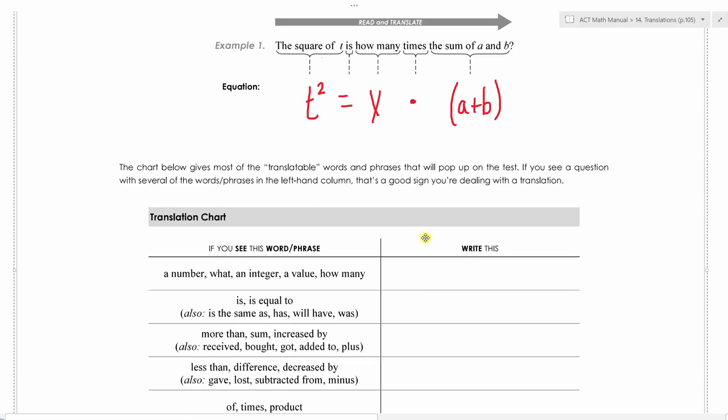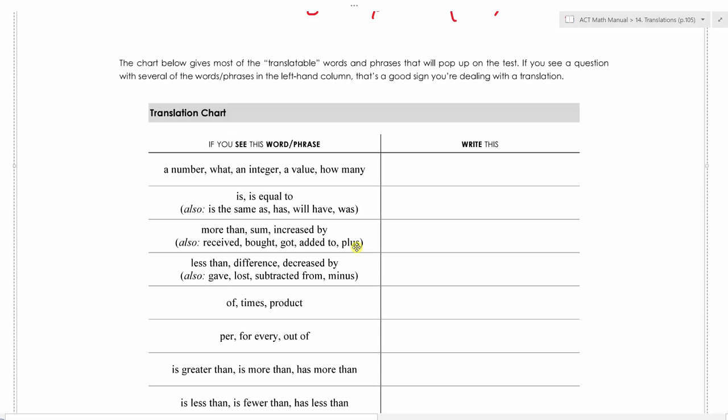Now, in this chart labeled translation chart, we have most, if not all, of the translatable words and phrases that you may see. Those are in the left-hand column of the chart. So these would be your tip-off clues. These are your tip-off clues, and then over here on the right is what you would actually write down.